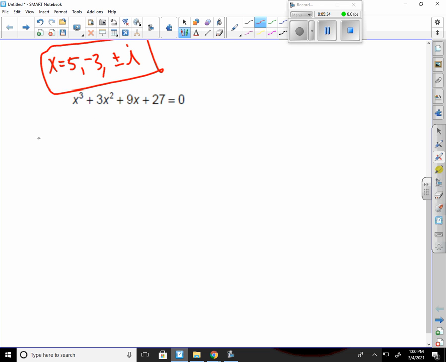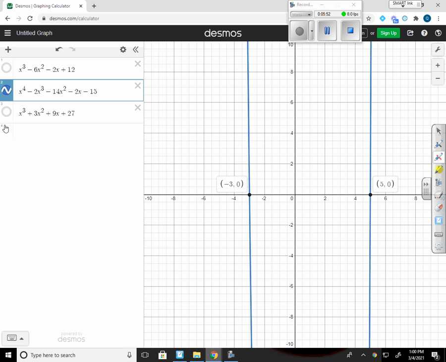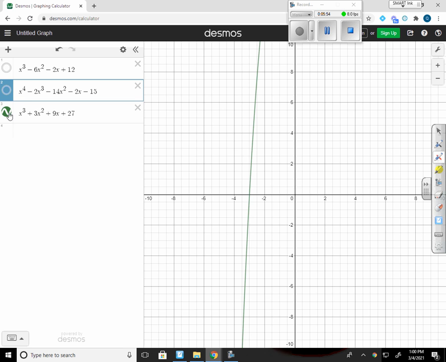Next one, do factors of 27. This is just a 1, so we really just have to worry about that 27. Plus or minus 1, plus or minus 3, plus or minus 9, and plus or minus 27. Go to Desmos, find my roots.